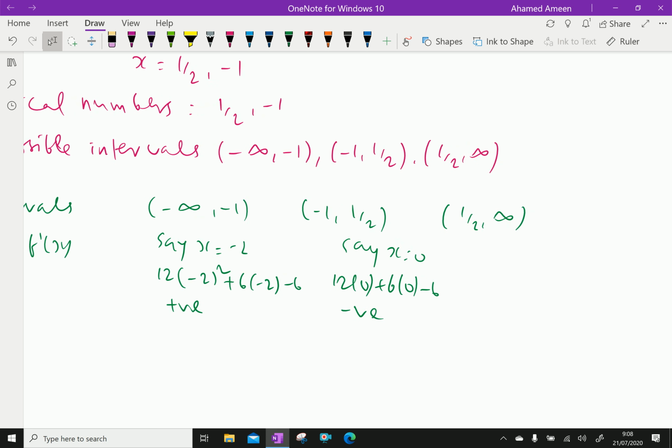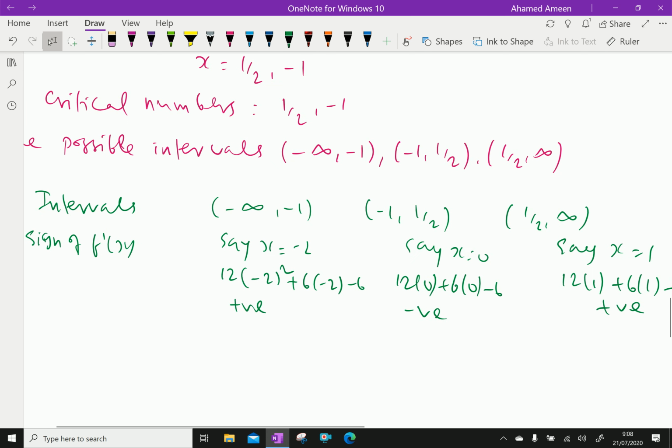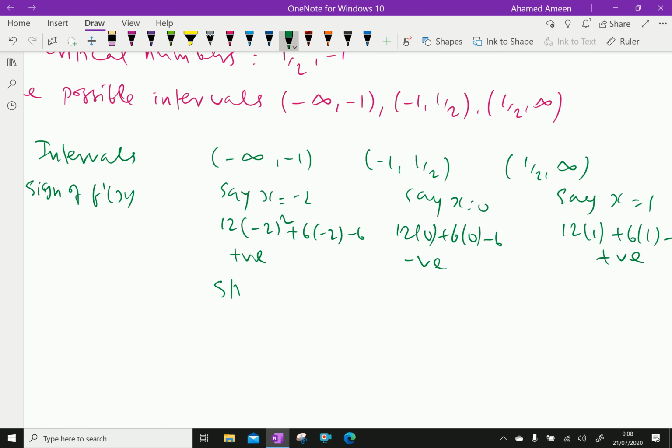For half to infinity, say x equal to 1, so 12 into 1 plus 6 into 1 minus 6. So it's also positive. Now if it is positive, this is strictly increasing. This is monotonicity.